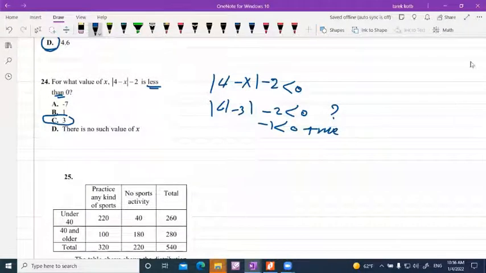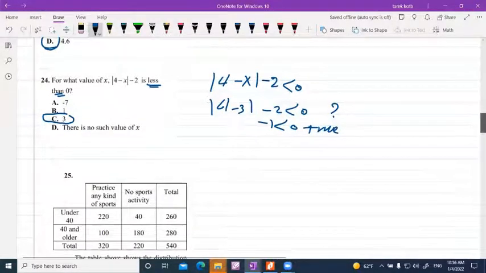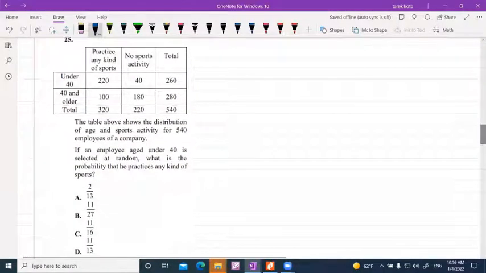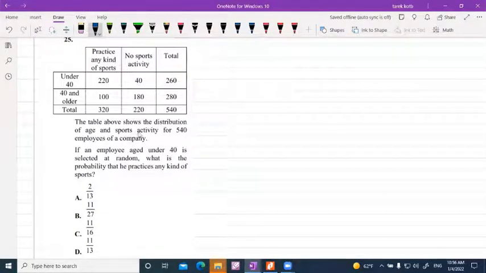Number 25. I have this table. The table above shows the distribution of age and sports activity for 540 employees of a company. If an employee aged under 40, who is under 40, this is under 40, is selected at random, what's the probability that he practiced any kind of sports?